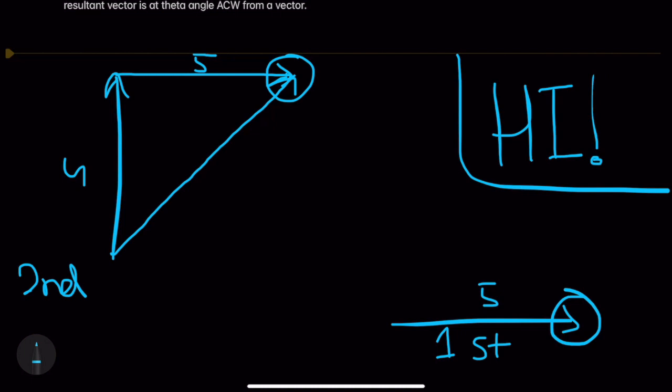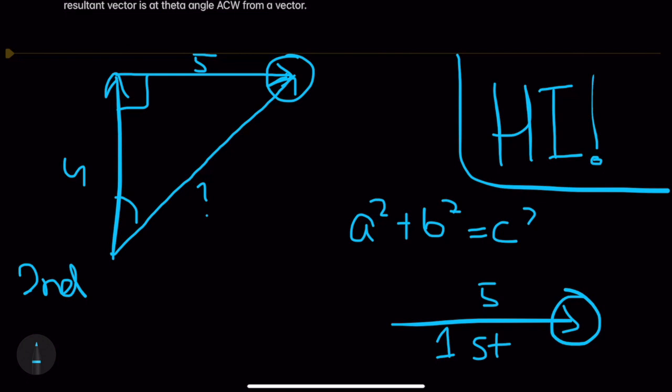Since this is at a 90-degree angle, we can use the Pythagoras theorem, which is a square plus b square is equal to c square, to find out the size of this vector. And to find out the angle, we can just use a protractor and find out the angle with respect to this second vector.